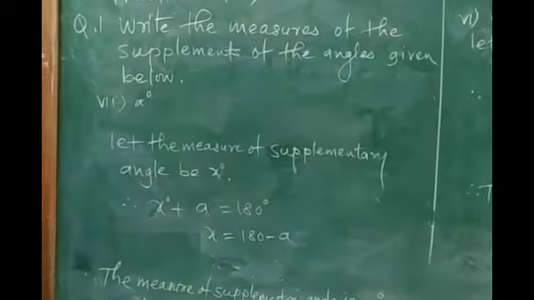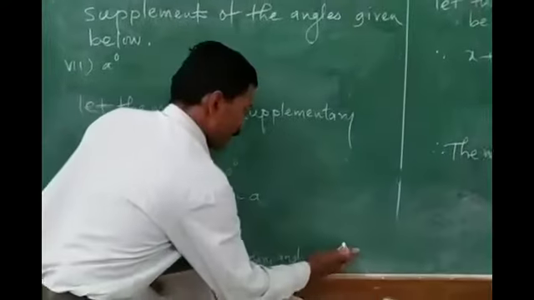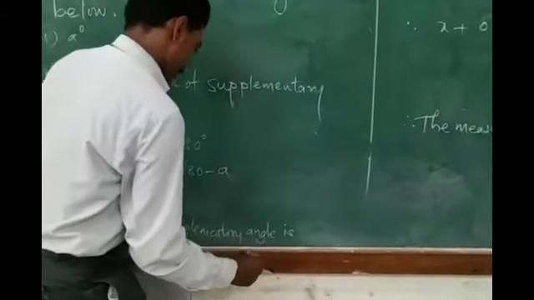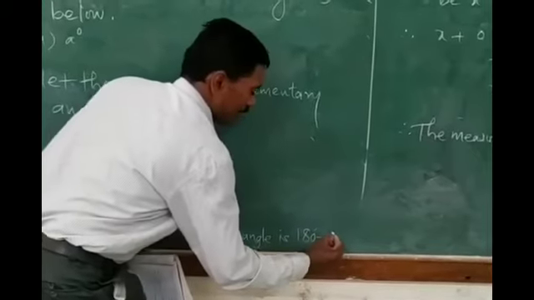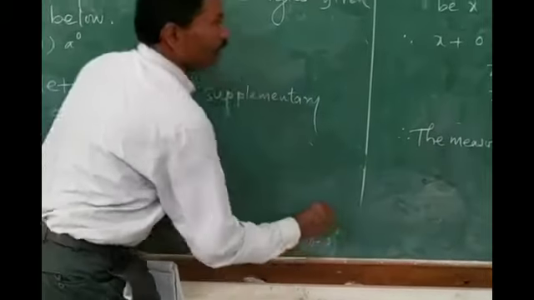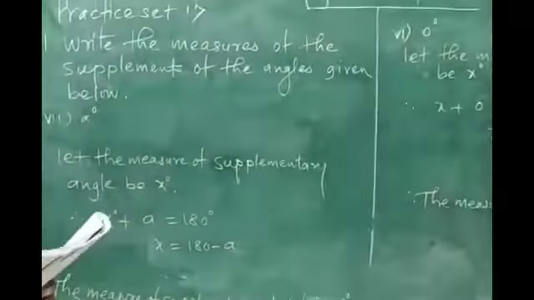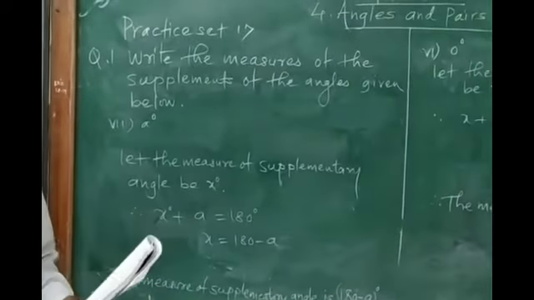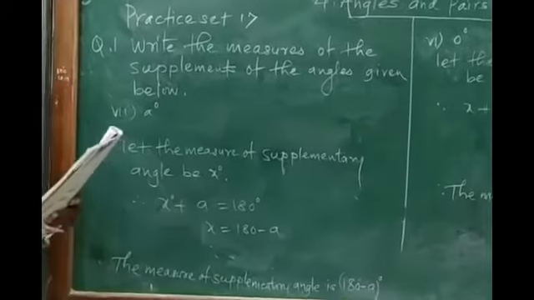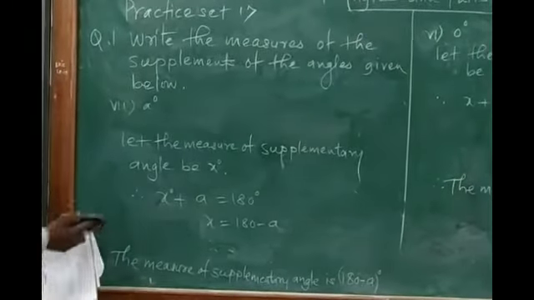Therefore the measure of supplementary angle is 180 minus a degrees. In this way, we have completed the first question of practice set 17, which is on page number 27.